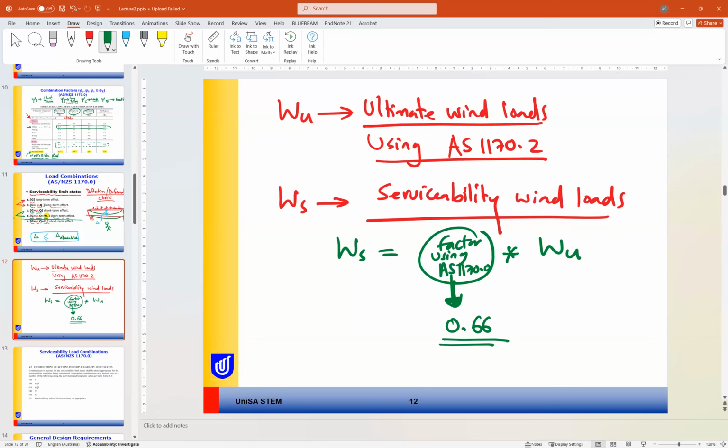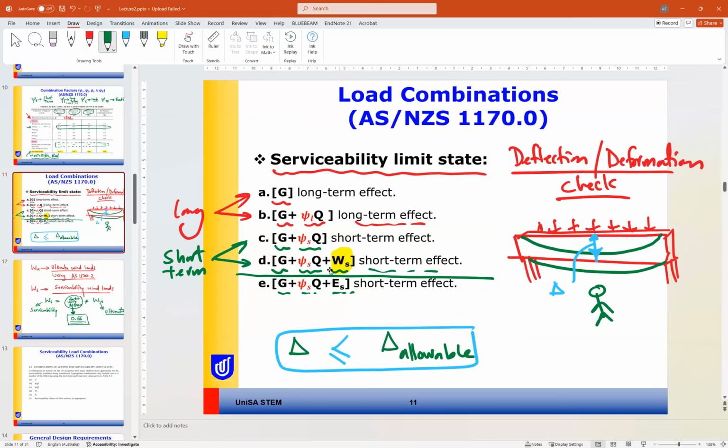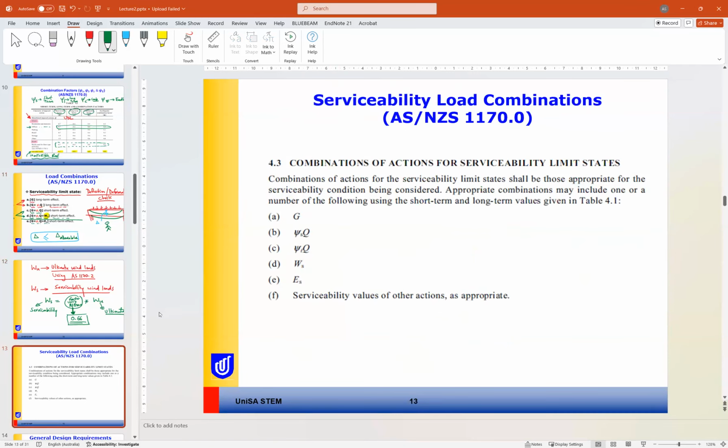So to convert from ultimate wind load to serviceability wind load, we need to multiply by 0.66. This is the note we have here in these load combinations, and this is how it looks in the standard.